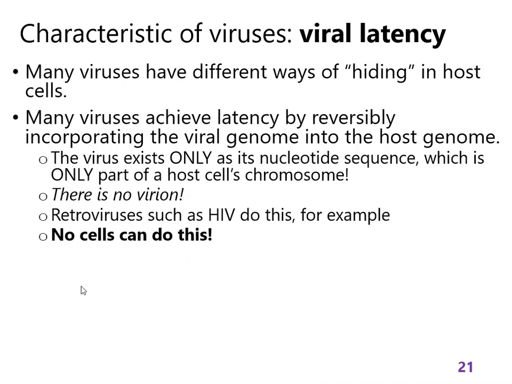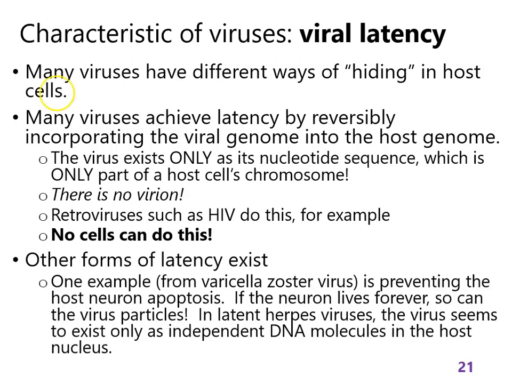And some examples of this would include HIV. That's a good example, that as soon as it gets into a cell, it puts a copy of its genome in the host's DNA. Other forms of latency exist where the virus doesn't put its DNA into the host chromosome, but instead somehow protects its nucleic acids long-term inside a host cell. So one example is the varicella-zoster virus, which causes chickenpox and shingles.